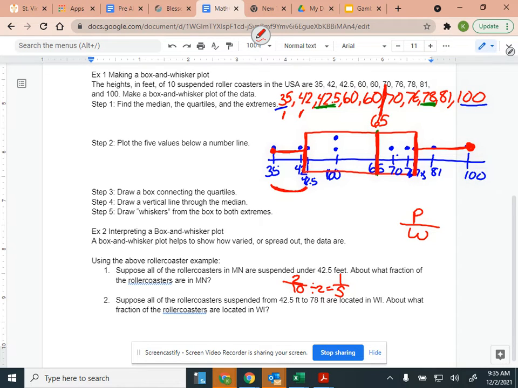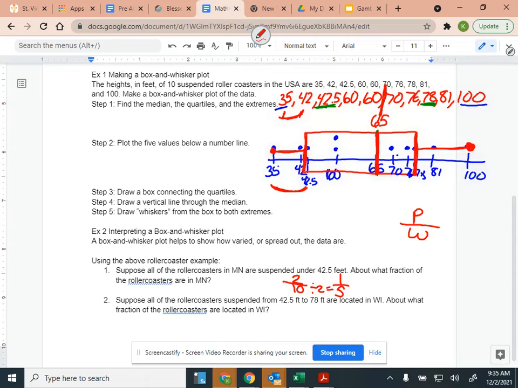How many all together? So the denominator is the whole. How many we have all together? The numerator is the part. How many are actually working out of it? So our part was the 2. Our whole was how many altogether? There were 10. Does that make sense?